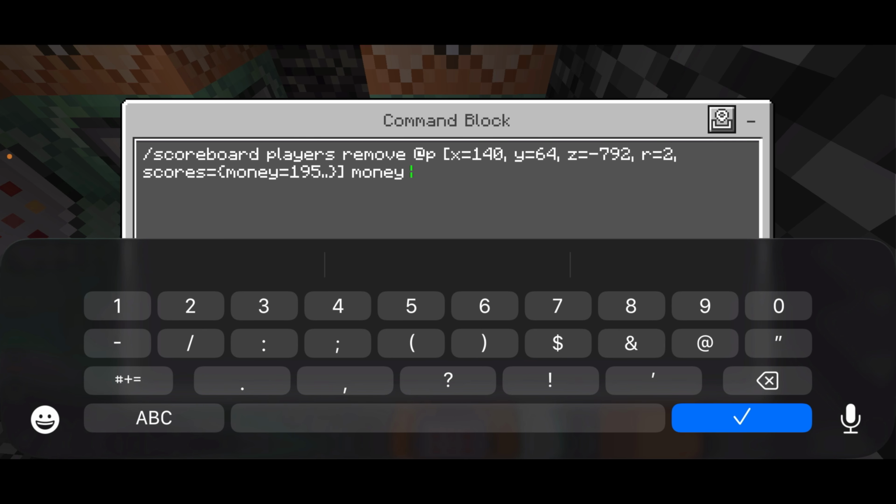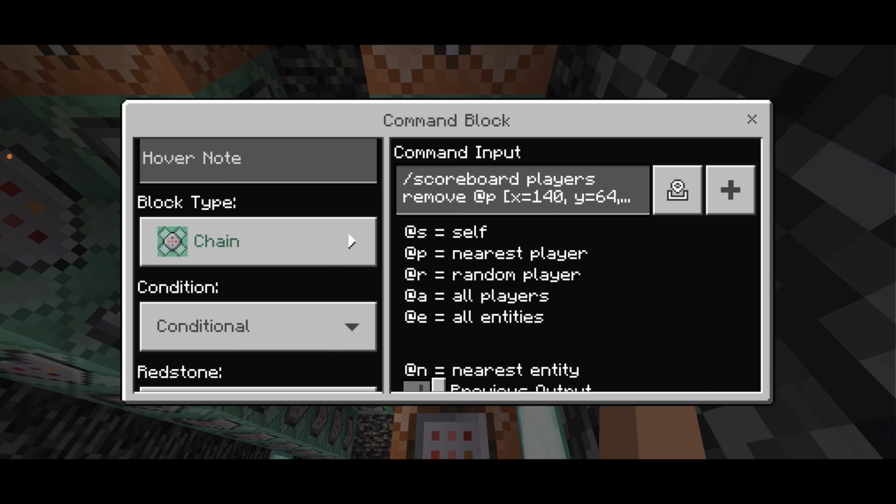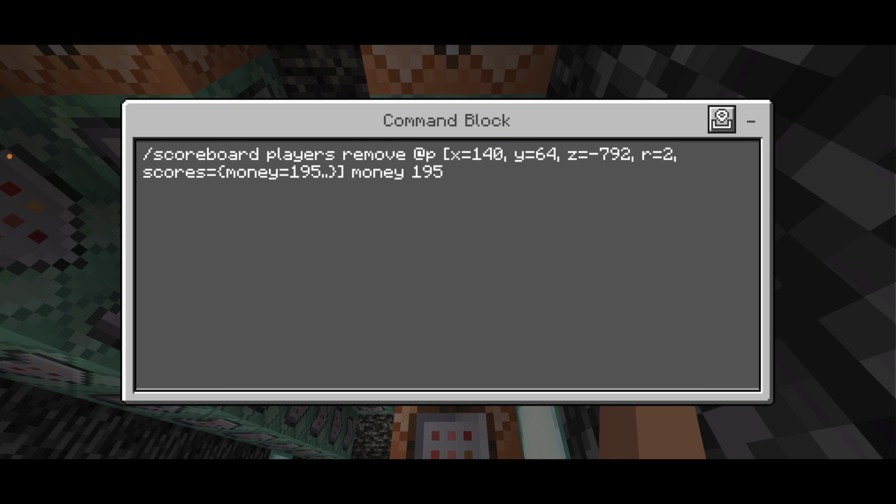And once it's done, it's done. But it would be nice to not have to do any of the logic that I already know exactly how to make. I just have to follow my notebook. So scoreboard players remove @p, money equals 195, money 195. Perfect. All right.